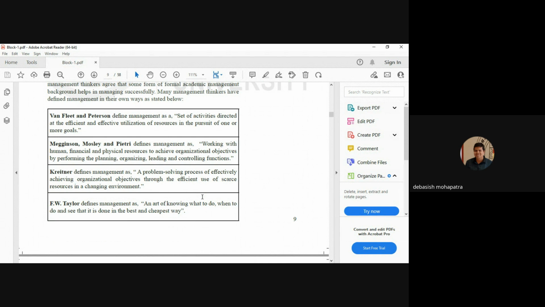Kreitner defines management as a problem-solving process of effectively achieving organizational objectives through the efficient use of scarce resources in a changing environment. And F.W. Taylor defines management as the art of knowing what to do, when to do it, and seeing that it is done in the best and the cheapest way. One of the shortest and best definitions of management you can see.